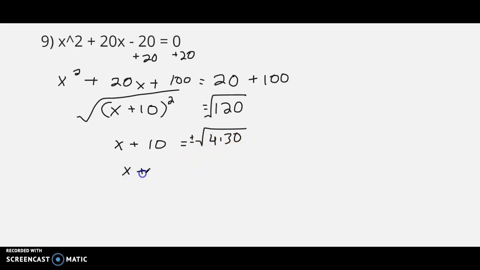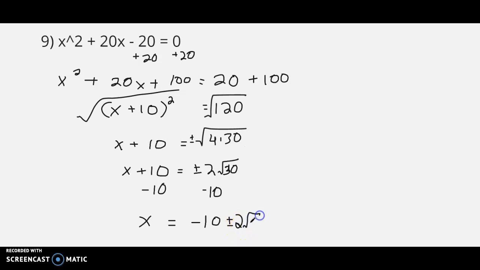Let's simplify that a little bit more by taking the square root of 4, and we have plus minus 2 radical 30. Okay, final step. Take away 10. Here's our final answer for this. Negative 10 plus or minus 2 square root of 30.